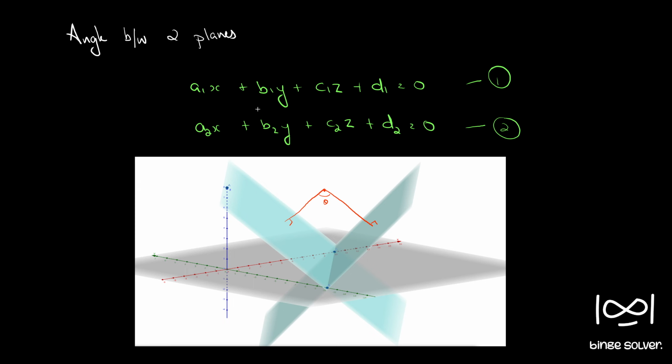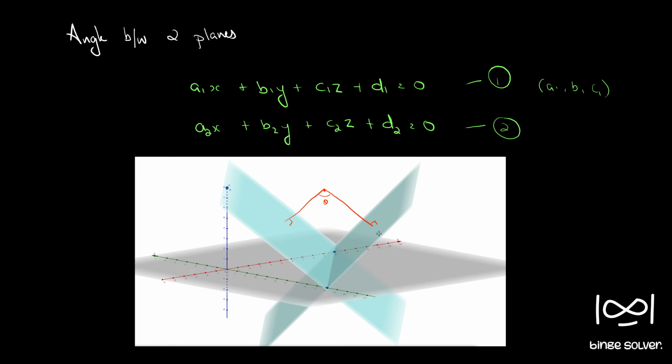Now if you have gone through the general equation of the plane before, the direction ratio of the normal to the plane can be given from this equation directly. The direction ratios of normal to this plane will be a1, b1 and c1.